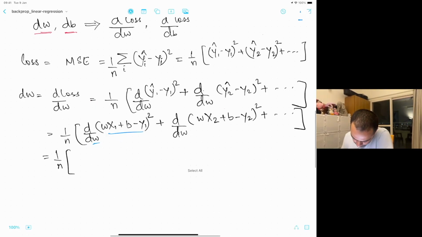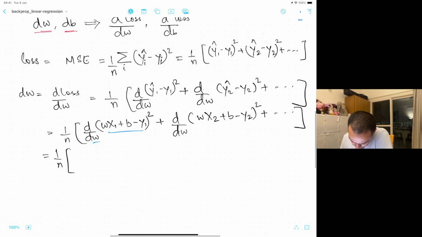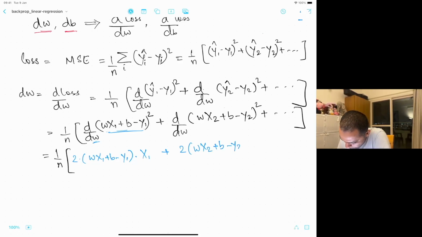By the rules of differentiation, this will become 2 times wx1 plus b minus y1 into the derivative of this thing with respect to w, which is x1, plus 2 times wx2 plus b minus y2 times x2, plus so on.